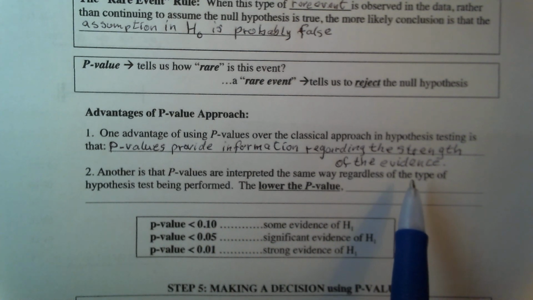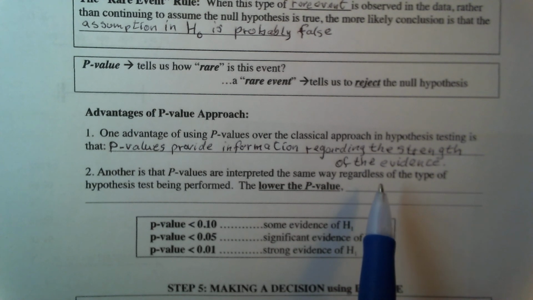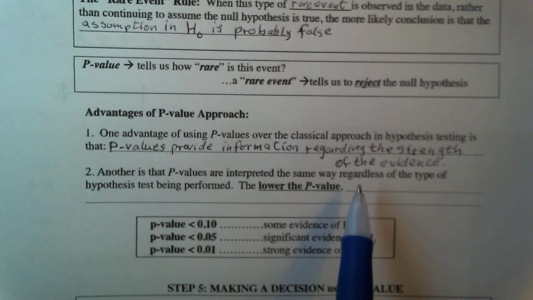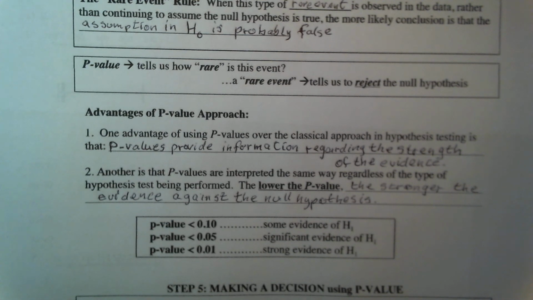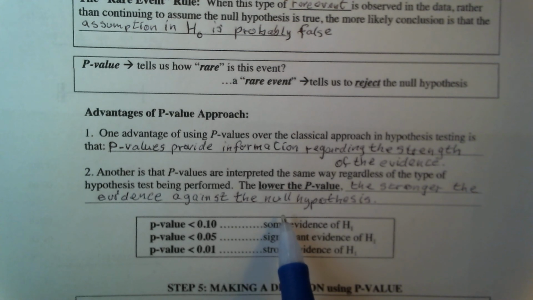And the second reason is that p-values are interpreted the same way regardless of the type of hypothesis test being performed. The lower the p-value, the stronger the evidence is against the null hypothesis.